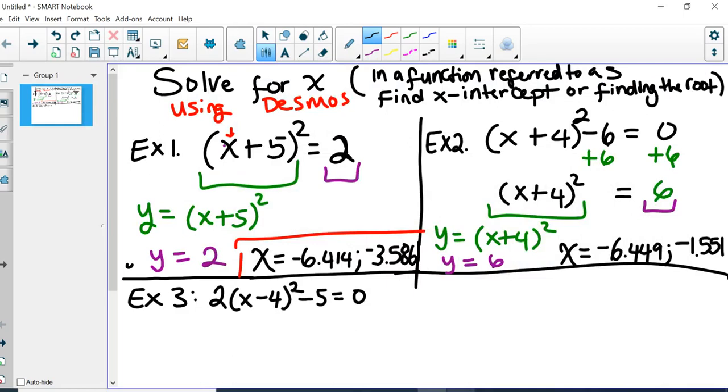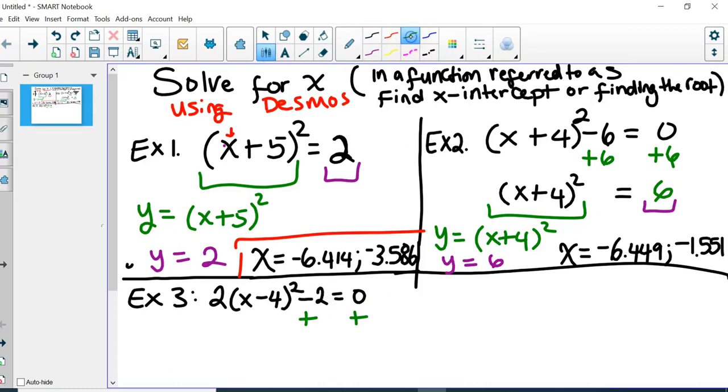Next, let's solve for x on this third example. We have 2(x - 4)² - 5 = 0. Again, we're going to make it into two functions to find the intersection. So I'm just going to move the 5 to the other side. Well, let me change this to 2 instead. You guys excuse me for that. Let's make this minus 2.